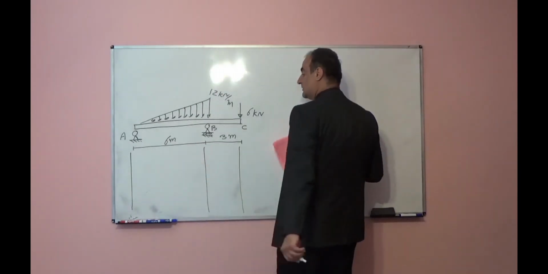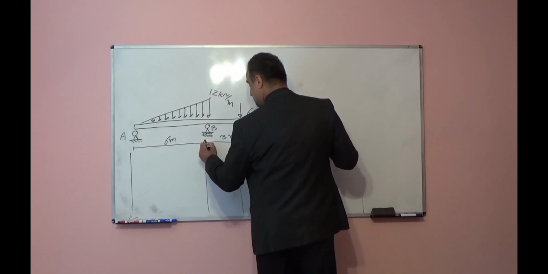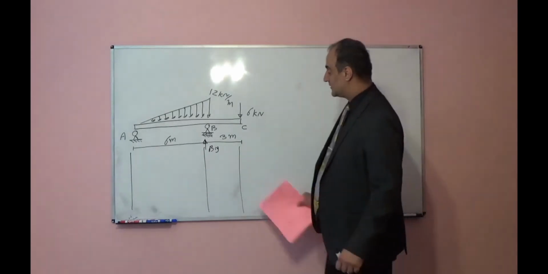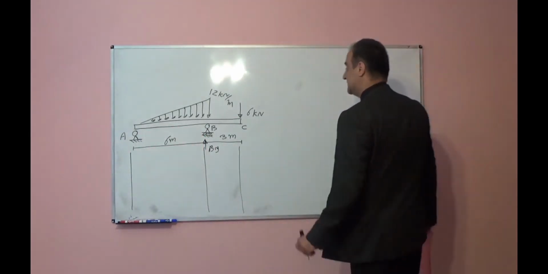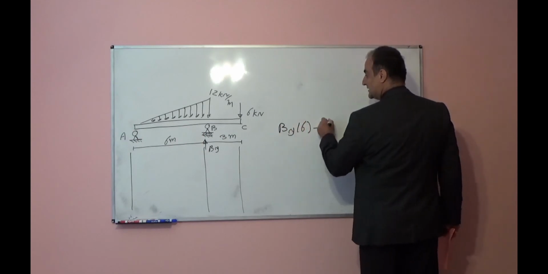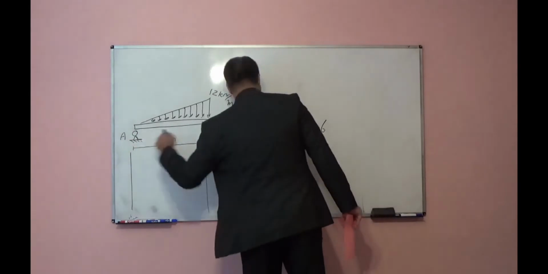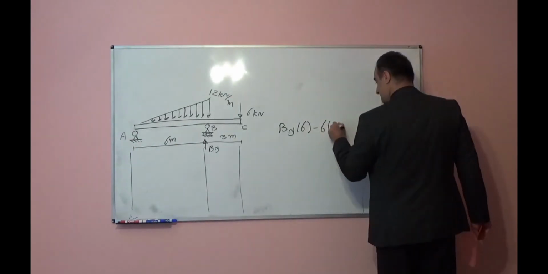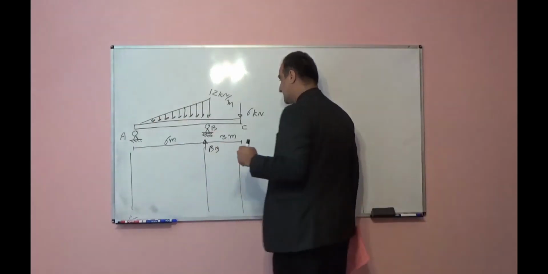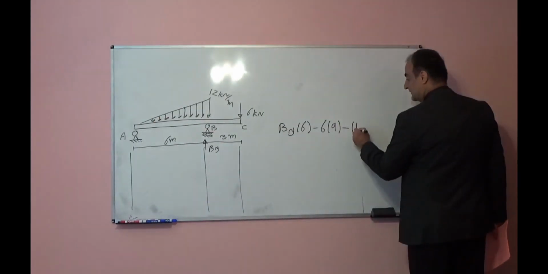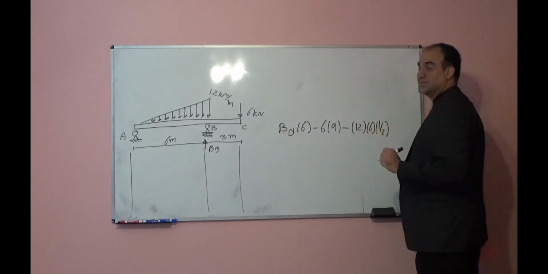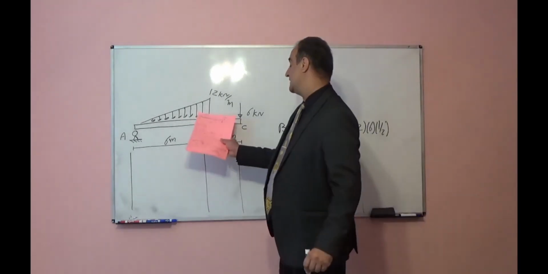First step, you will find reaction. For example, I want to find By. How I can find By? I will take moment respect to point A. So it will be By times 6 minus 6 times 9 minus the area underneath of this will be resultant force, minus 12 times 6 times half times, where is the location of the resultant force?